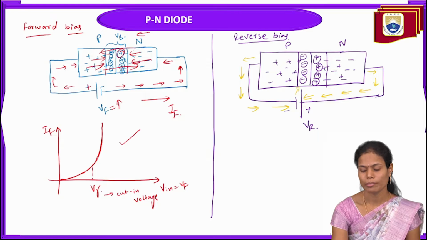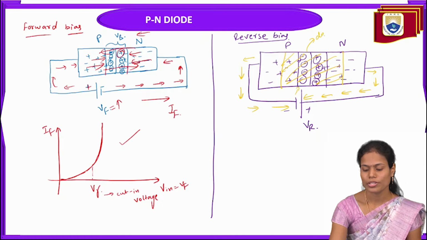So the movement will be like this. The electrons as well as holes are moving away from the junction. Because of that reason, the depletion region width will increase very high here.